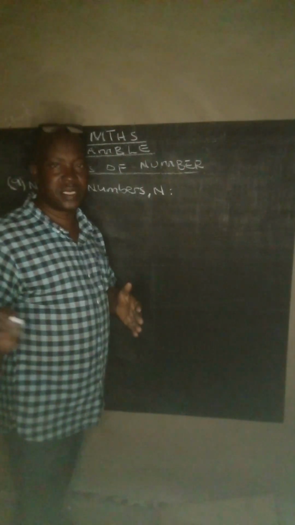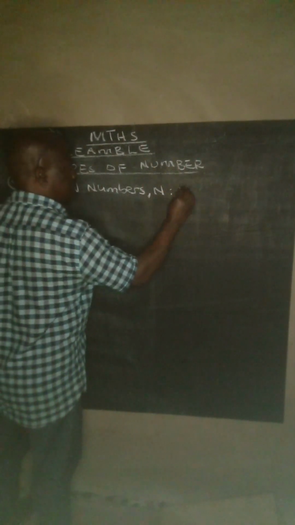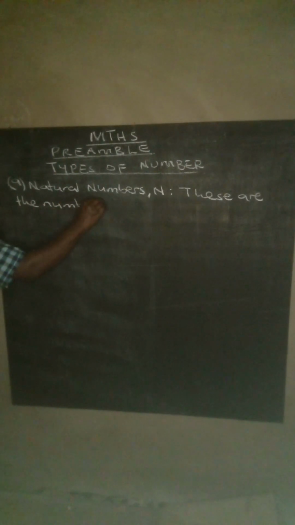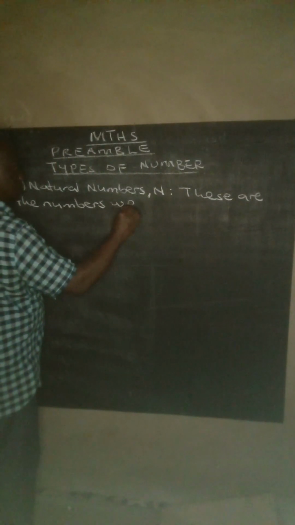What do you mean by natural numbers? That's the definition of numbers. These are the numbers we use in everyday life.